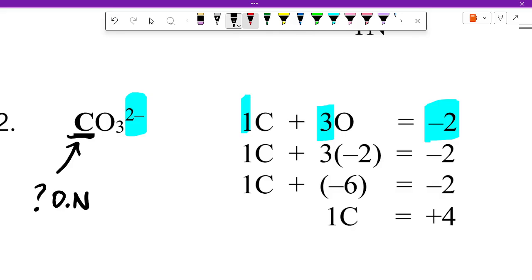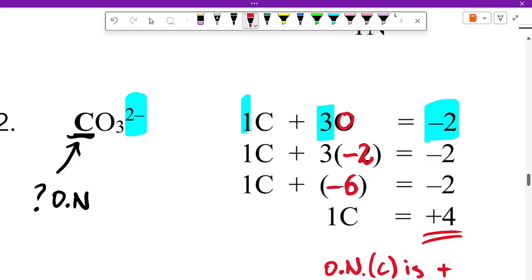What is the oxidation number of oxygen? It's -2. So we replace the oxygen with -2. That multiplies out to give you -6. And so one carbon is going to equal -2 plus 6, which is +4. So the oxidation number of carbon is +4.